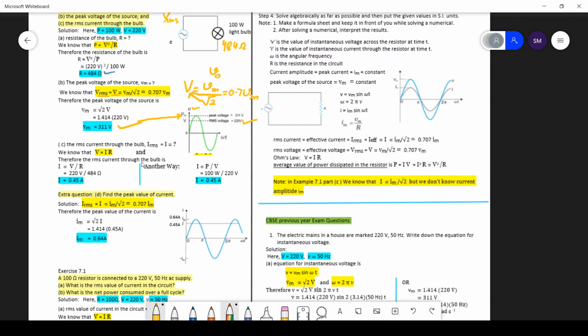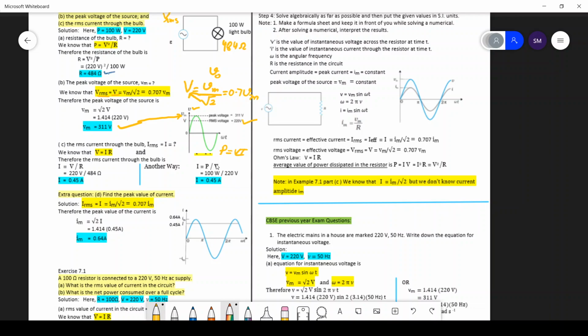Okay, we have one more formula which is P is equals to VI. So we have this formula of power. So P is equal to VI. So I is equals to P by V. We have the value of P over here, 100 watt, and we know 220 volt is the voltage.